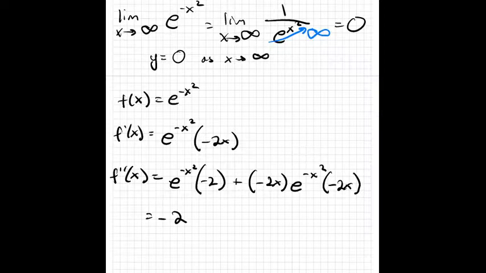They both have the negative 2, they both have this guy. So we're factoring out a negative 2 e to the negative x squared from both terms. This is going to leave us with what? 1 minus 2x squared e to the negative x squared, okay?